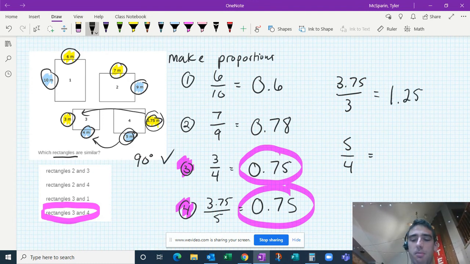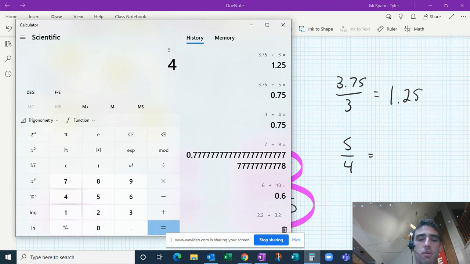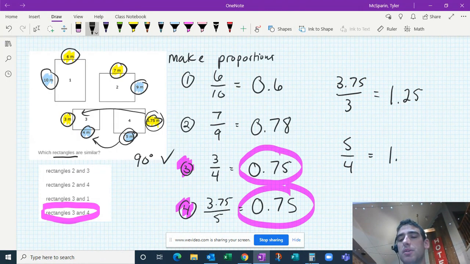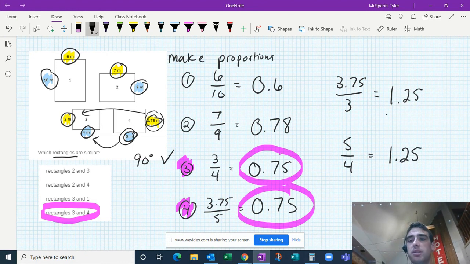And 5 divided by 4 is 1.25. So you can see that I actually still make the same proportions, whether I make my fractions within the same triangle or between the two triangles. Okay, that's a lot. Hopefully we're feeling okay about this.